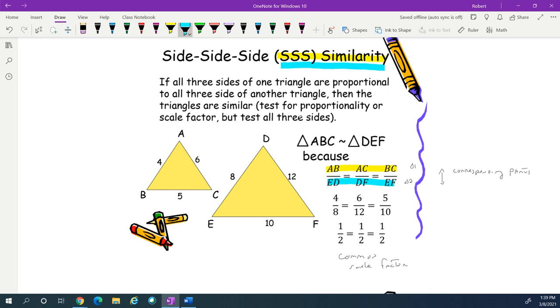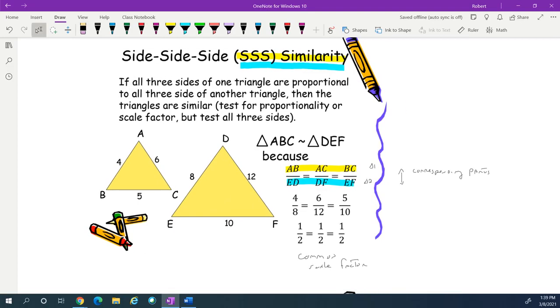We can do this in two separate proportions as well. So let's look at another way to do this one. We can set up a proportion, for example, 4 and 8, 6 and 12. When we cross multiply, we get 48 equals 48.